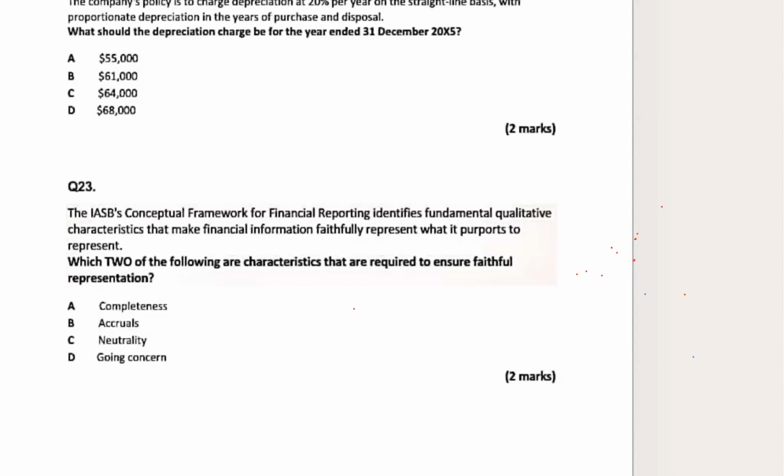So the guide is that there should be neutrality, there should be completeness, actually.